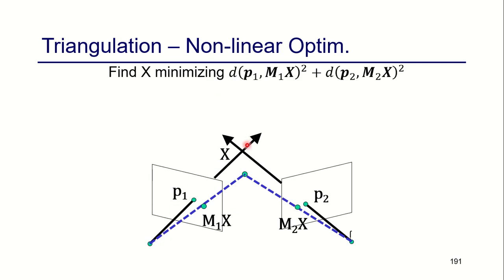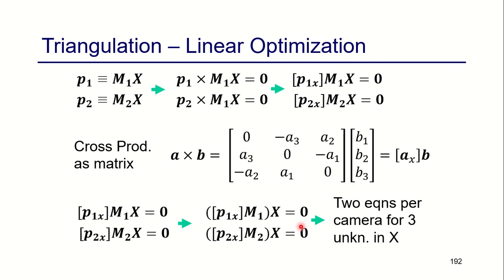To find X, minimize the distance of P1 from M1X squared plus the distance of P2 from M2X, the whole squared. This is how the linear optimization is made. P1 and P2 are equated to 0 with the cross product, which is the general equation.